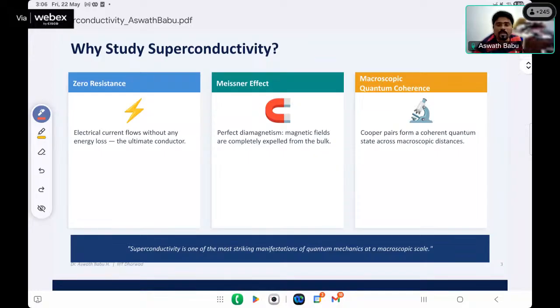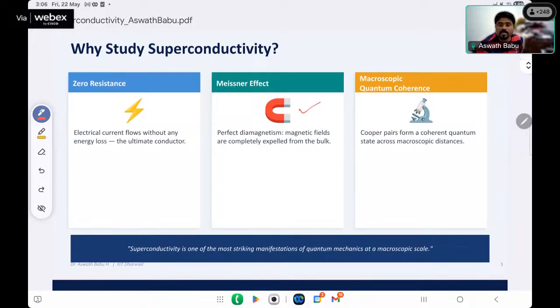A perfect diamagnetic material would not allow any magnetic field lines to go through that material. Because of that, you know what happens? Magnets are repelled. If there is a very large magnet and I bring a diamagnetic material, it will oppose the magnetic field lines going through, right? So that we will see. Okay, so that is called the Meissner effect for you.